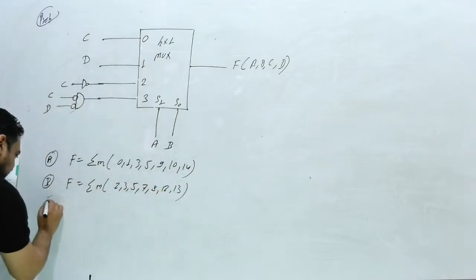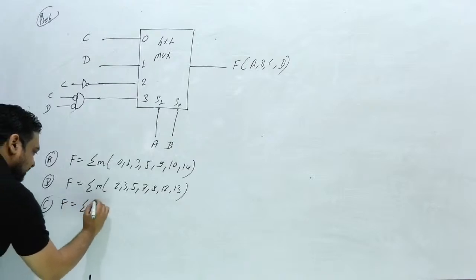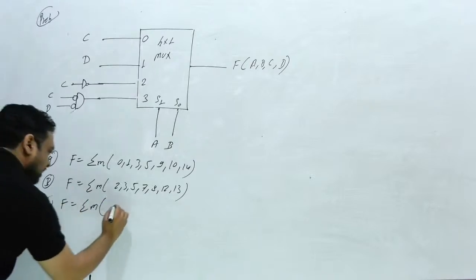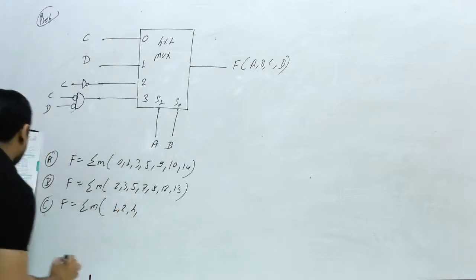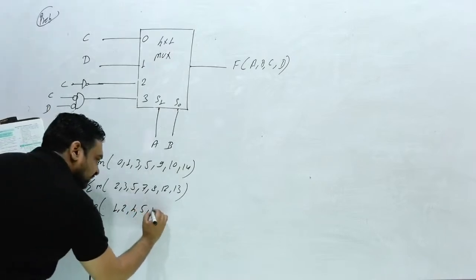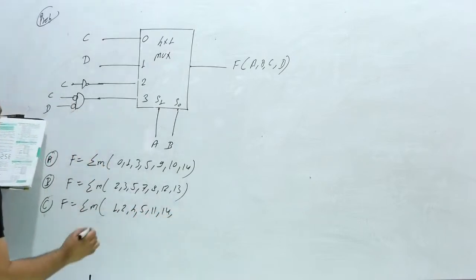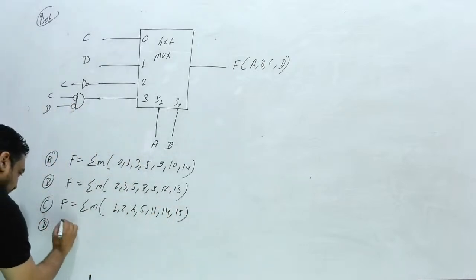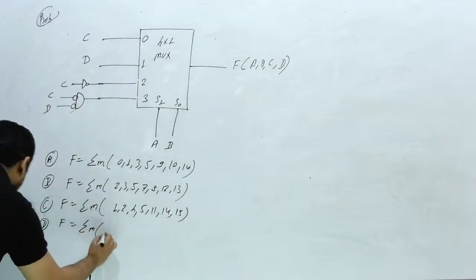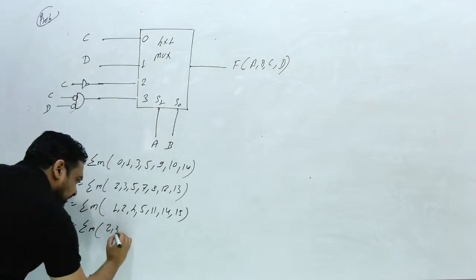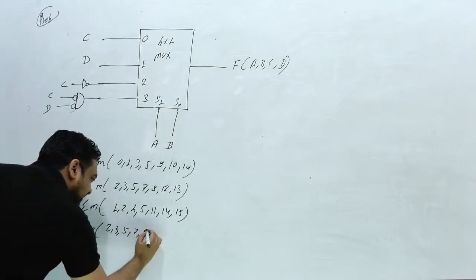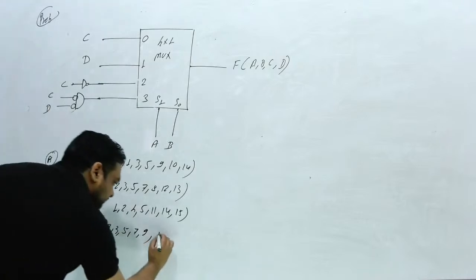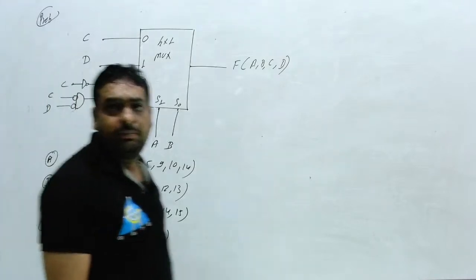Option C: function f is equal to minterms of 1, 2, 4, 5, 11, 14 and 15. And what is the last option? Option D: function f is equal to minterms of 2, 3, 5, 7, 9 and 12. These four options they have provided us.